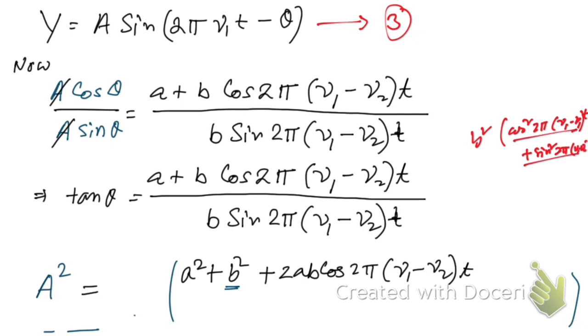So sine square plus cos square is going to be 1, then we're going to get b square only. So A square becomes this, right? Hope you have understood this.